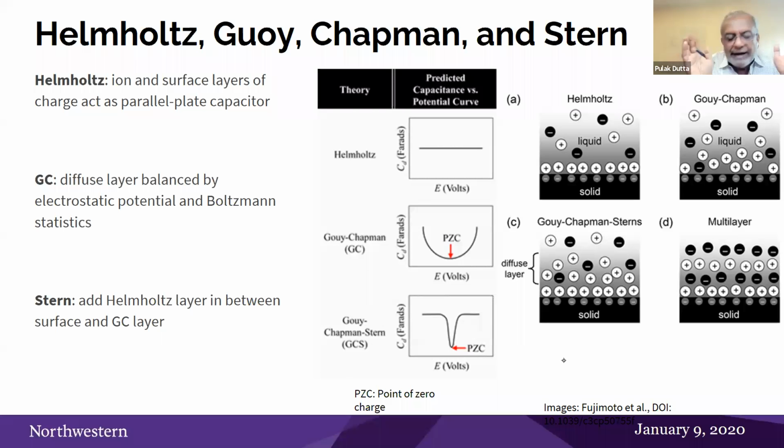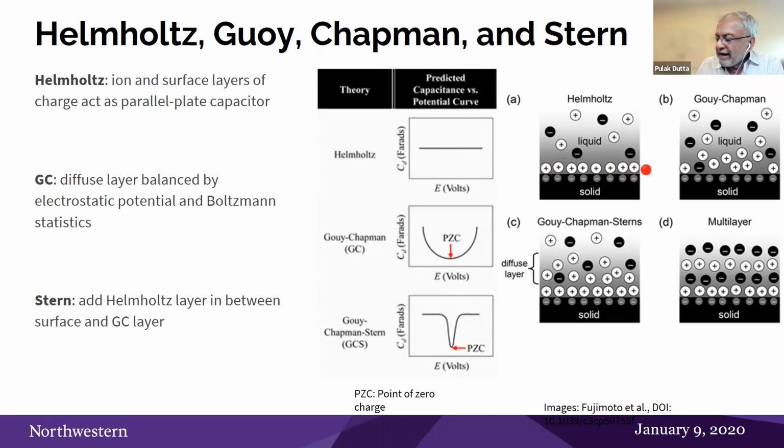So the isotherm is your canary in the coal mine. And in this case, the capacitance of a solid liquid interface is a macroscopic measurement that tells you something about structure.